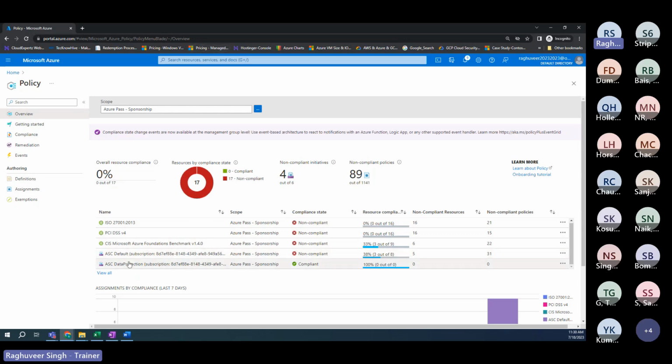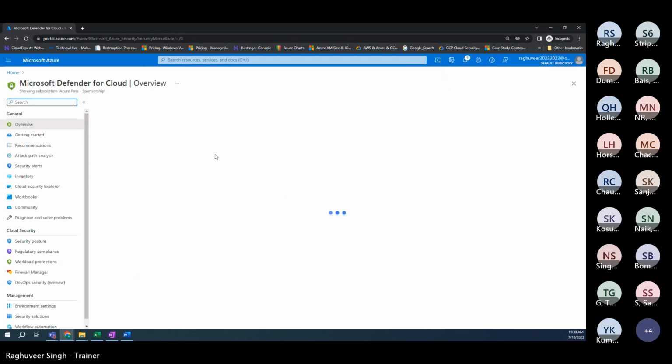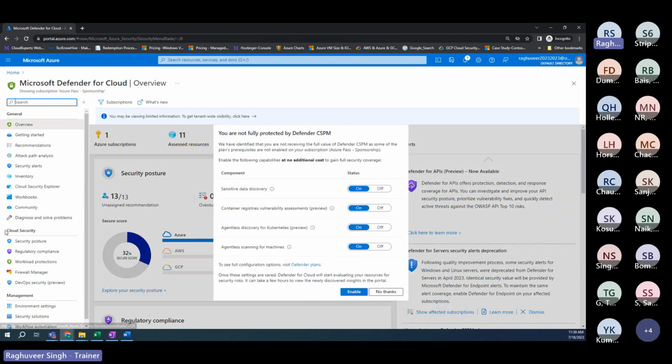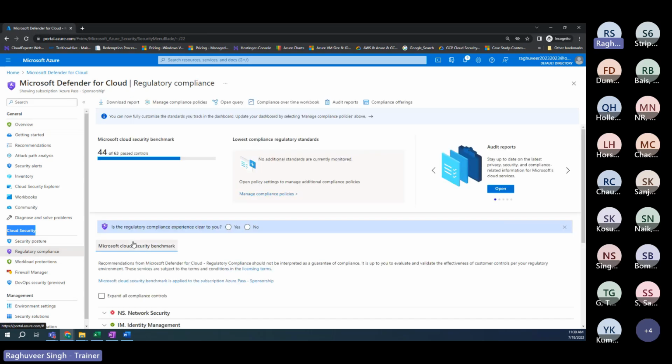So for example, if I want to see the status of CIS Microsoft Azure Foundation benchmark, I'll navigate to Defender once again. And in the Defender, under Cloud Security, to my left, there is an option that says Regulatory Compliance. So I'll click on Regulatory Compliance, and it will show me the status of the compliances.